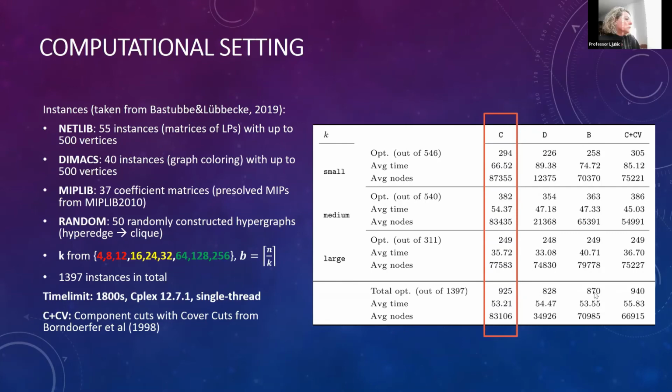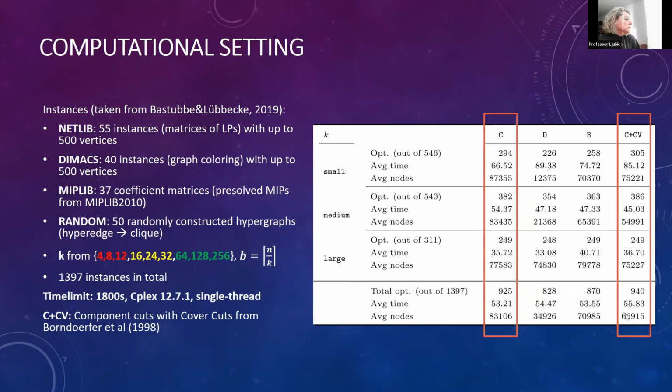But the best performing one are the cuts with the cover inequalities, where we managed to solve 940 instances in total. The average time that we report here refers only to those solved to optimality, not overall. The same is true for the average number of branching nodes.